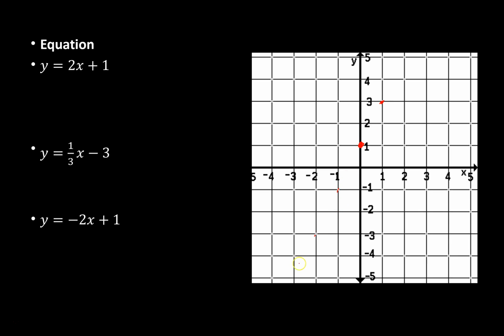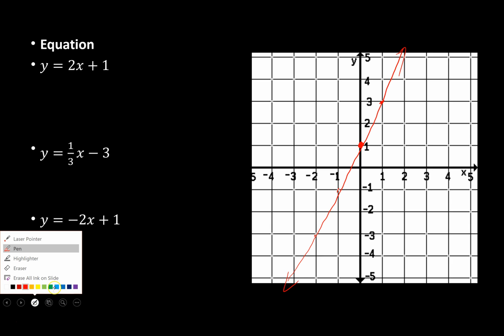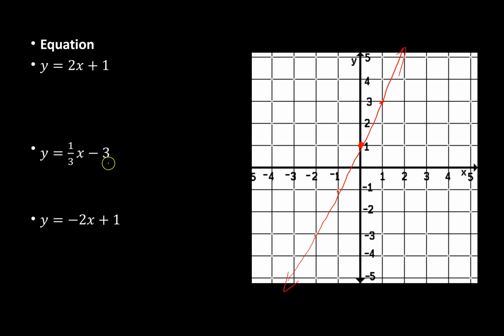It's going to end up looking like this. That's 1. Ooh, let's do different colors. Why not? Blue. So for this one, it starts at negative 3. And this is a rise of 1, run of 3, 1 over 3. It's positive, so it's going to be going up. So that one looks like that.